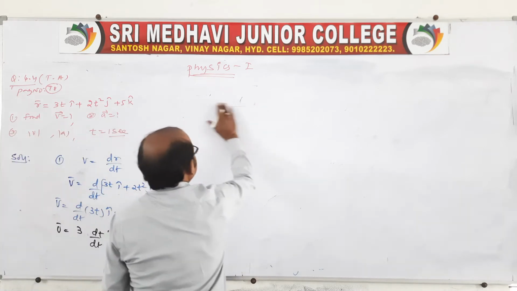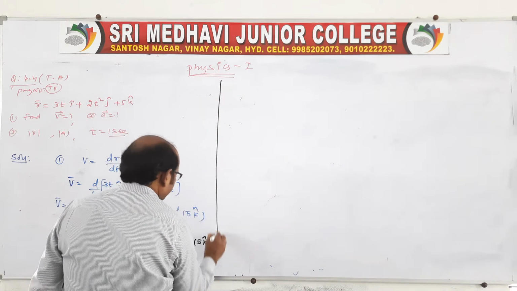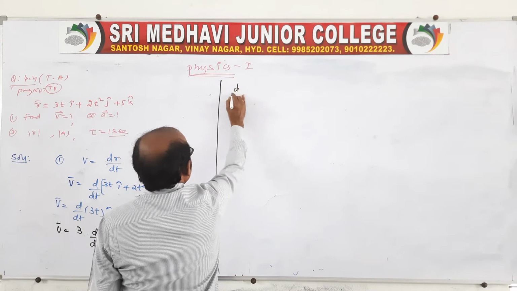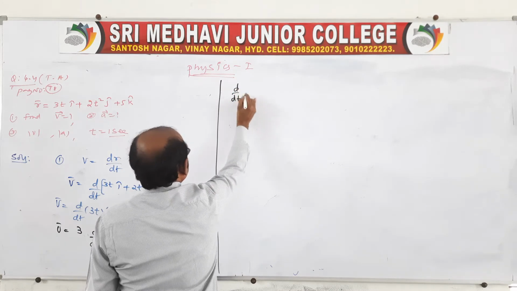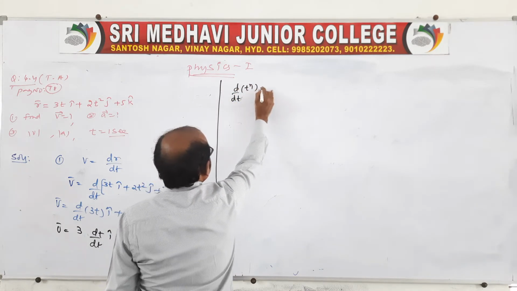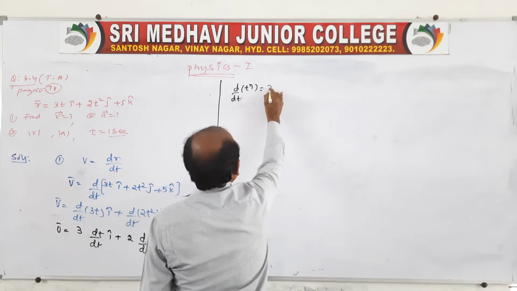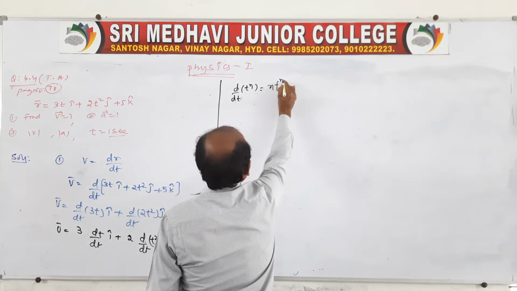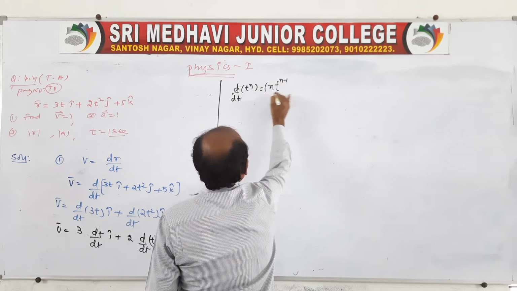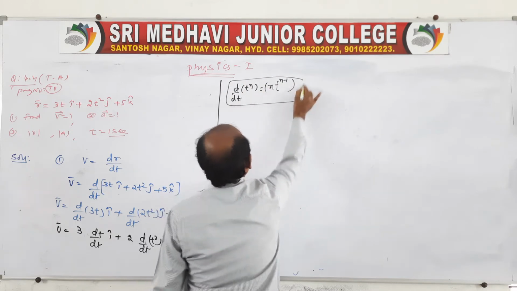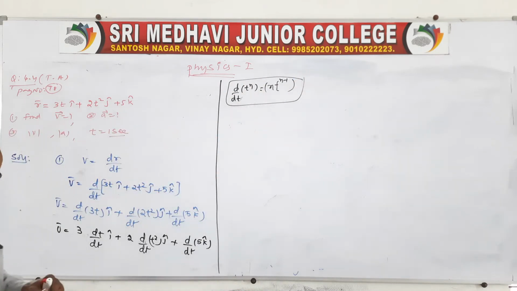In mathematical expression, suppose d by dt of t power n is there. We can write it as n into t power n minus 1. This is the formula for the given differentiation. Now look at the first one: d by dt of t, the power is 1, so it is cancelled.